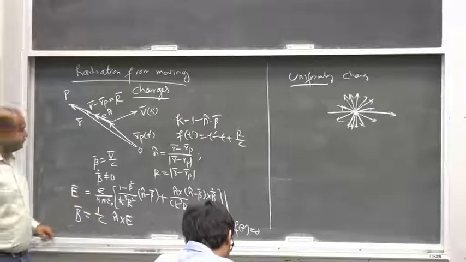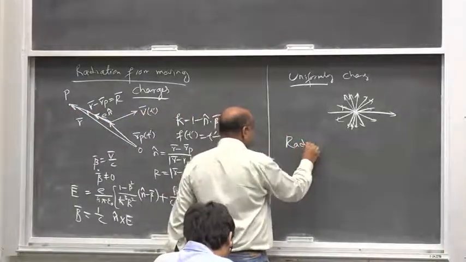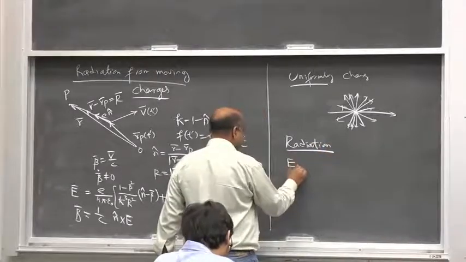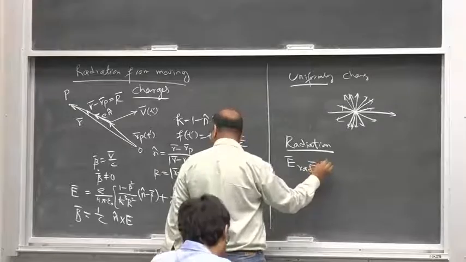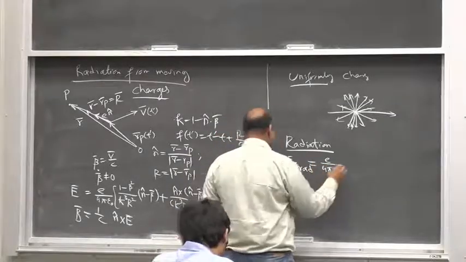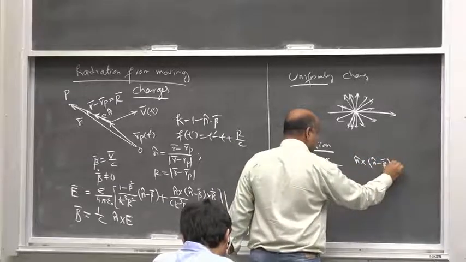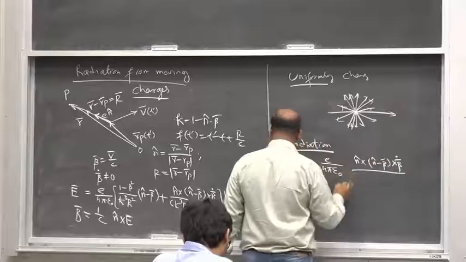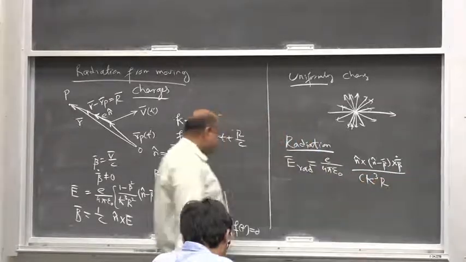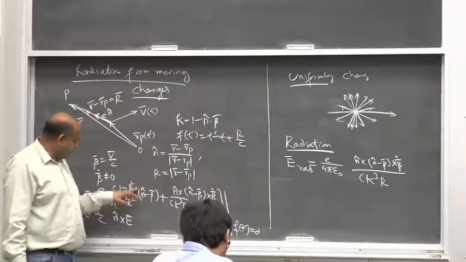But now we are only interested in the radiation part, and the radiation field is this. And also you see this has an R dependence of 1 over R, this has 1 over R squared.